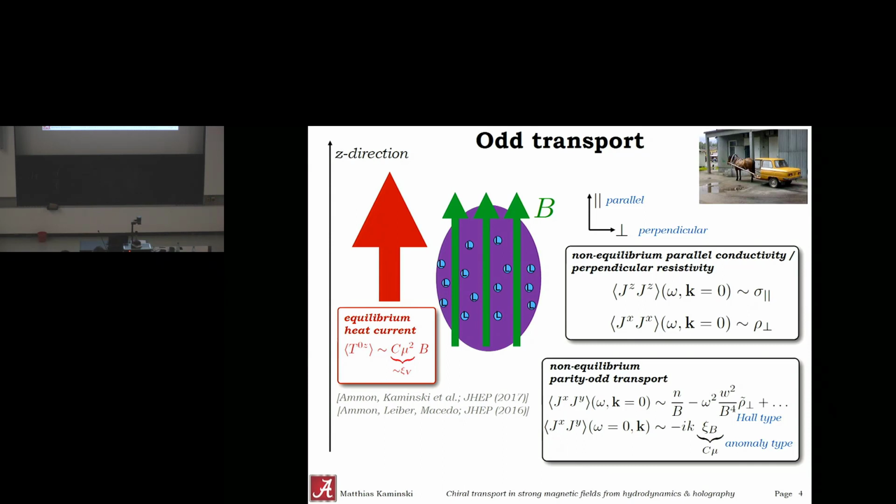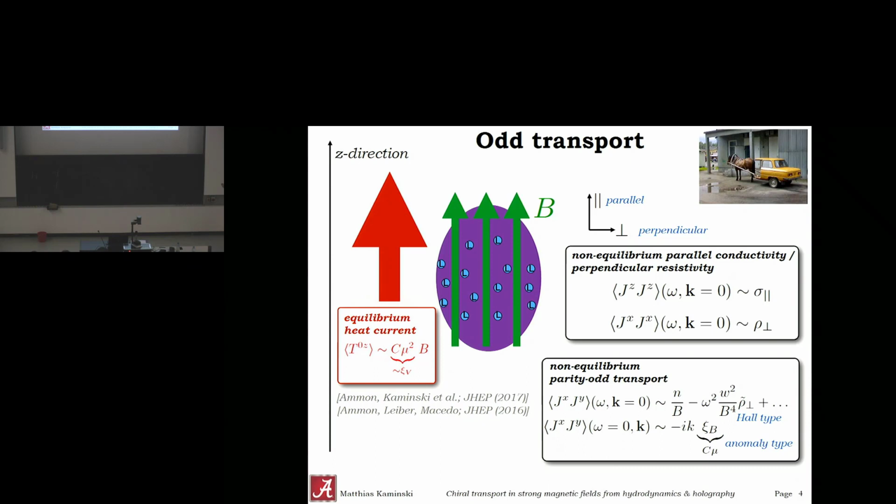It's a current correlator along the z direction, which is parallel to the magnetic field direction. At non-zero frequency, and finally the zero frequency limit, this is related to what we call the parallel conductivity. This is our beloved old conductivity.